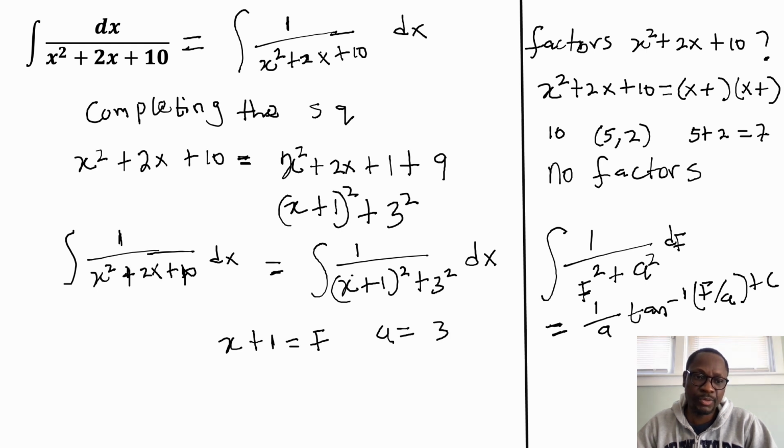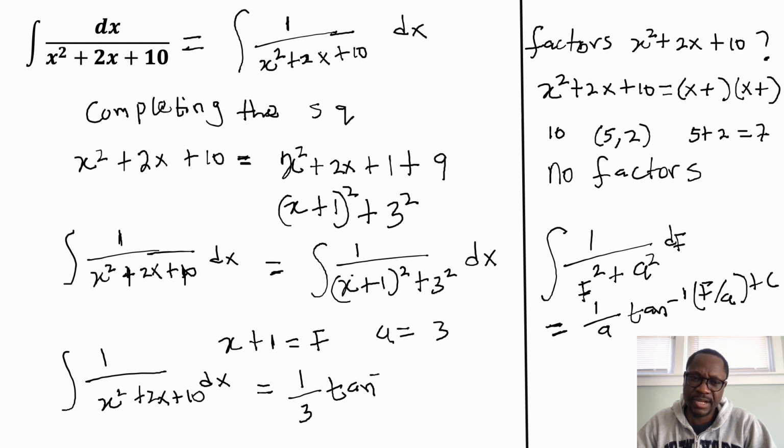So simply put, I can just go straight to the integration and say the integral of 1 divided by x squared plus 2x plus 10 dx is going to give you 1 divided by a, which is 1 divided by 3, arctan, which is tan inverse.